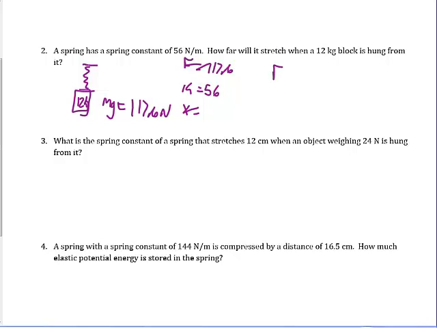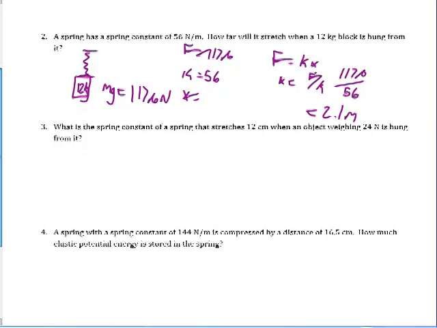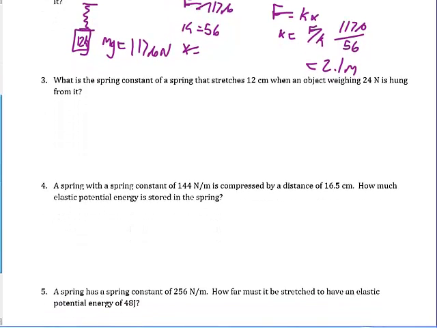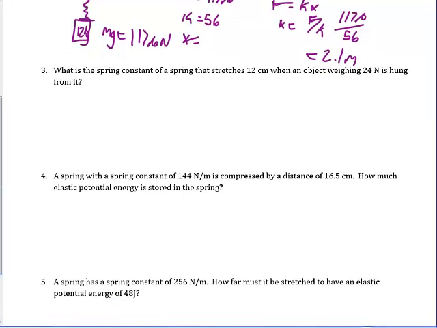So F equals kx, or x equals force divided by the constant, and 117.6 divided by 56 is about 2.1 meters. That's a really long way to stretch a spring, but 56 newtons per meter is not a very big spring constant.